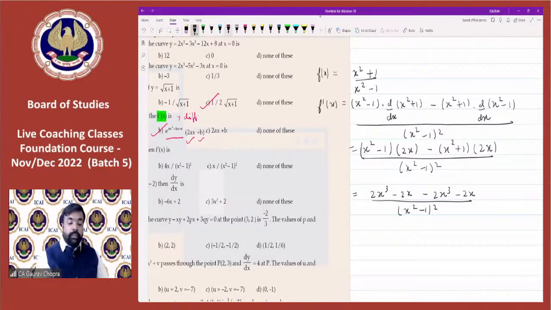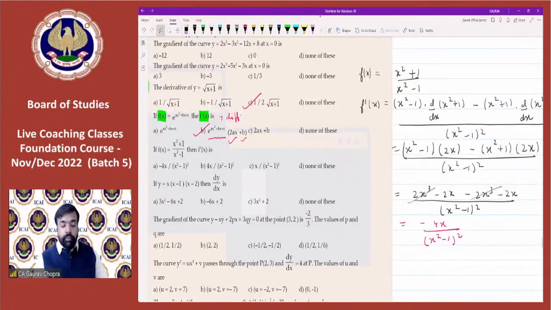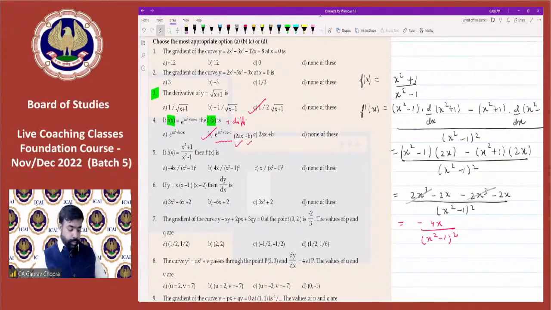Now we can do some cancellations. 2x cube will get cancelled. So the result will be minus 4x upon x square minus 1 to the power of 2. So the final option is A option. Correct is A.